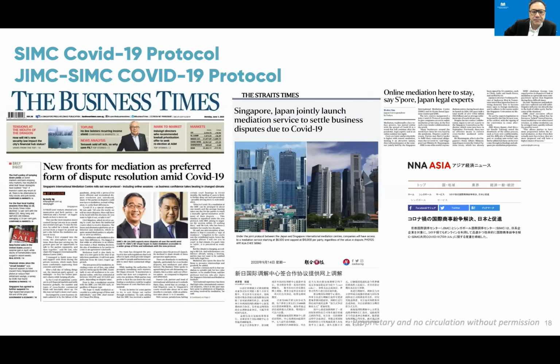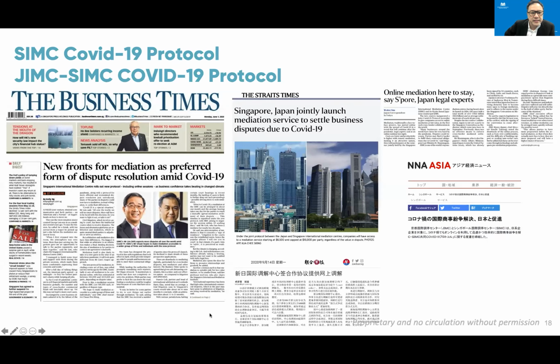I mentioned that the media has picked up a lot of these mediation efforts and initiatives, and we've been in different newspapers in Singapore as well as Japan, etc., where there's really a growing recognition that mediation is a very suitable way to resolve disputes, especially during this COVID-19.